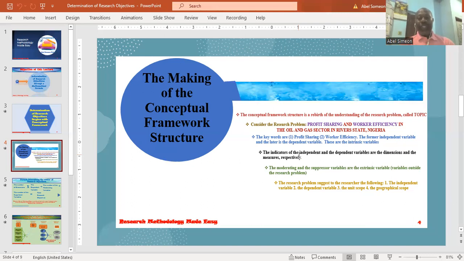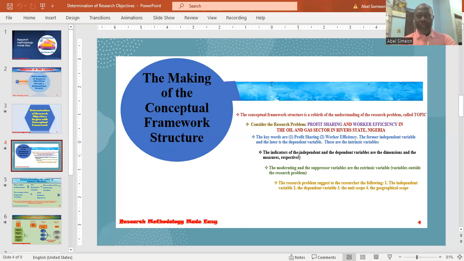So you look out for the suppressor variable, the independent variable, and the moderating variable within that conceptual framework structure. So these are what make up the conceptual framework. So by the time you do this, you are getting an idea of how many research objectives you may find in that very study.